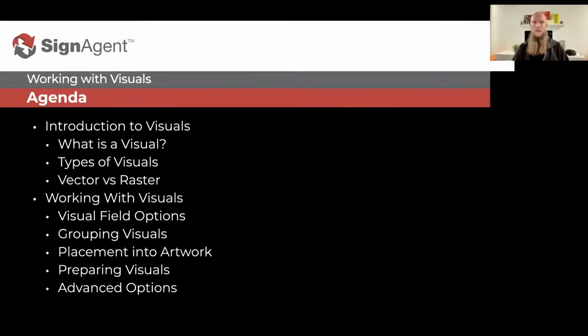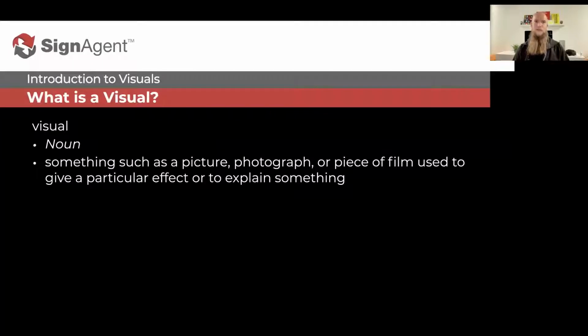So I'm going to start off by introducing what visuals are and why we called them visuals, then going through and working with the visuals. So what is a visual? It's basically something that you see on a sign, like a picture or a photograph.